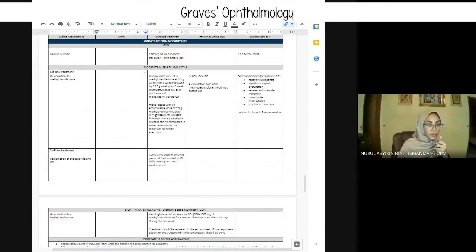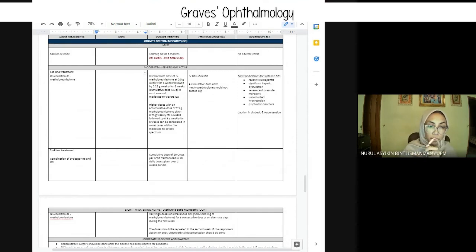And then for the moderate to severe and active, with two lines of treatment, the first line is glucocorticoids, specifically methylprednisolone. The dosage regimen is an intermediate dose of intravenous methylprednisolone at 0.5 gram weekly for 6 weeks, followed by 0.25 gram weekly for 6 weeks.